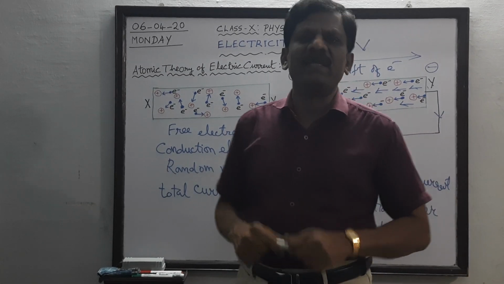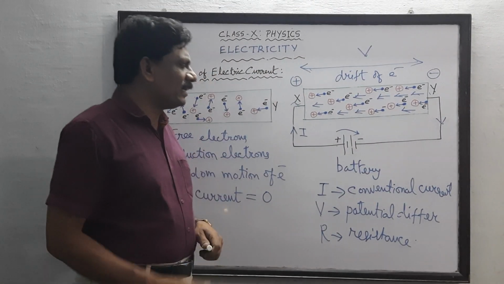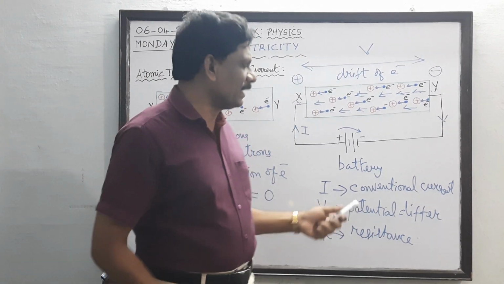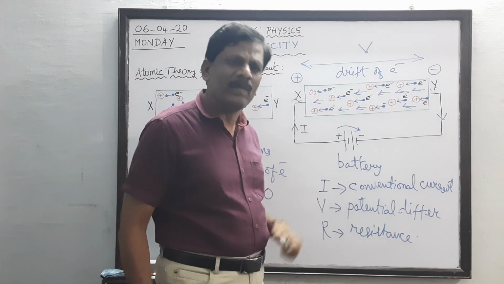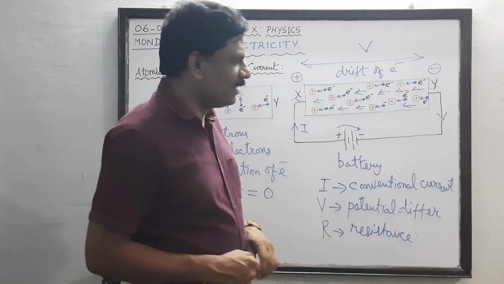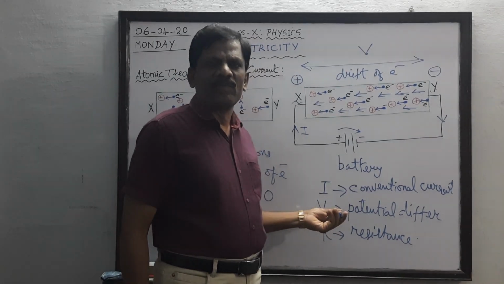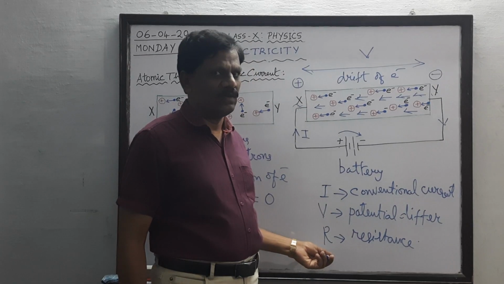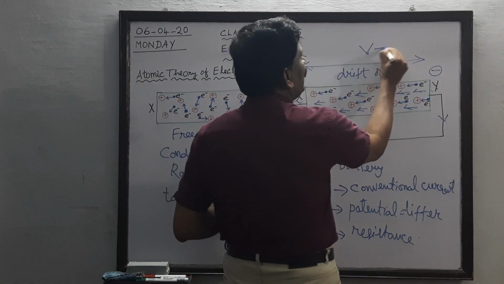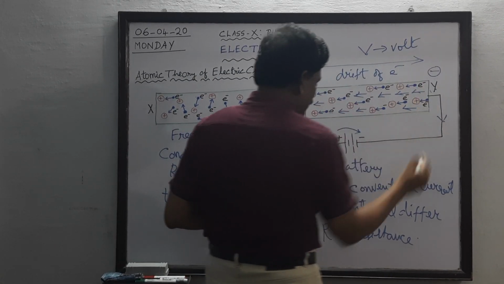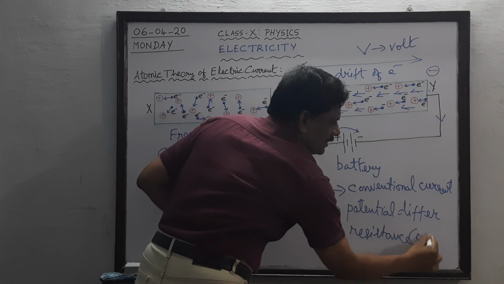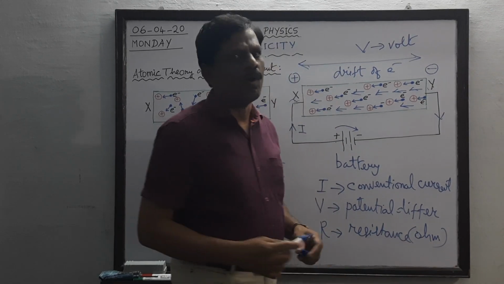Okay. Now you tell me what is the unit of electric current in the previous lecture I have told you? Yes, Ampere. Like that, there are some units for potential difference and resistance also. The potential difference V is in volt, and the resistance is having a unit of ohm.